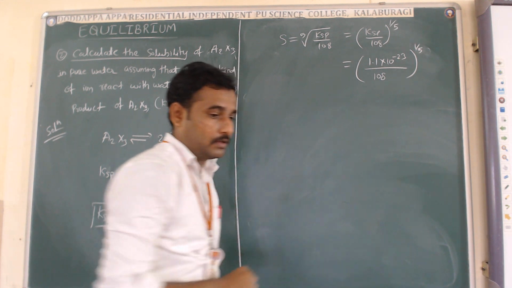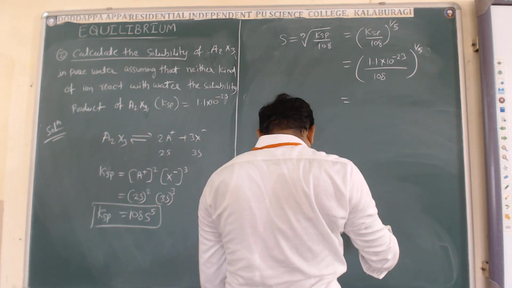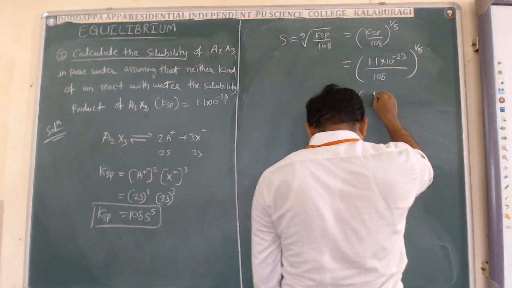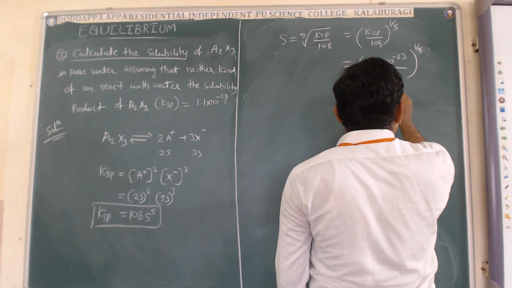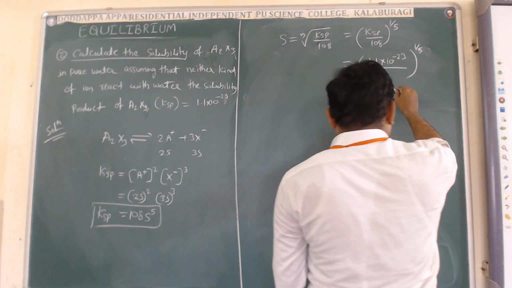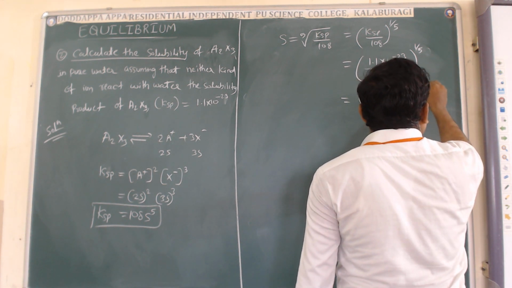Next, you solve this one. What is the answer you are getting? I will start solving here. 1.1 into 10 raised to minus 23 divided by 108 gives 1 into 10 raised to minus 25, raised to 1 by 5.